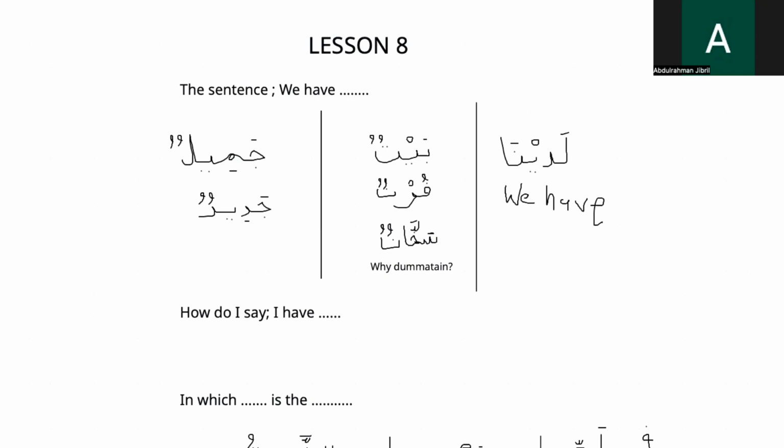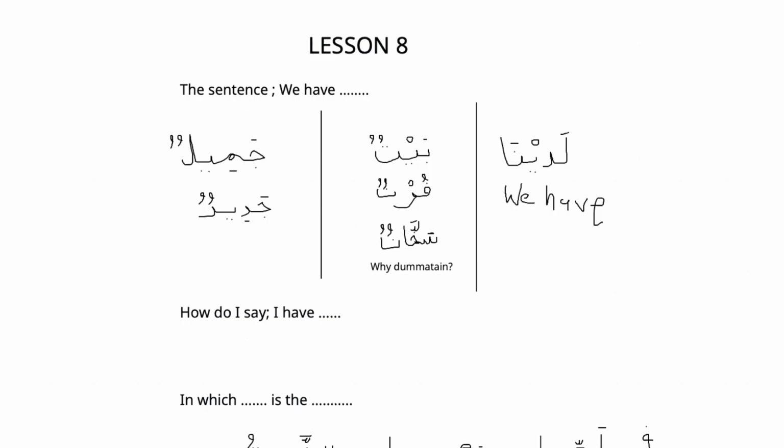You start with ladayna, then you add whatever you have. In this case, we have baytun, furnun, and sakhanun. Baytun is house. Furnun is oven.